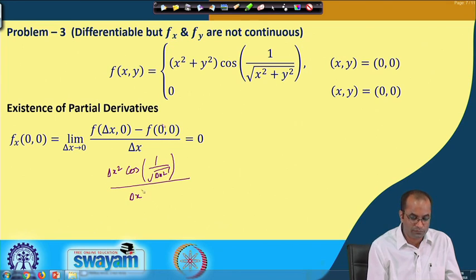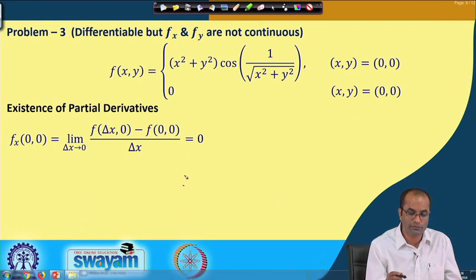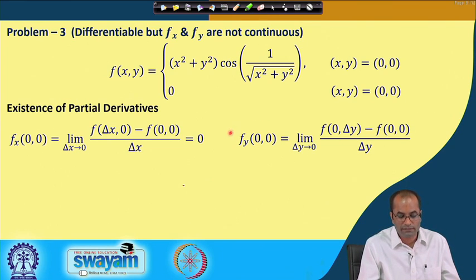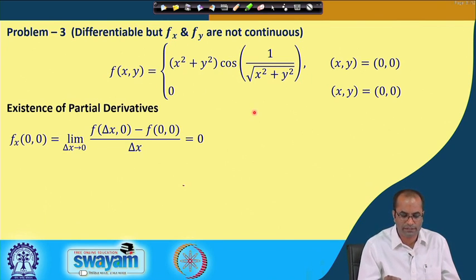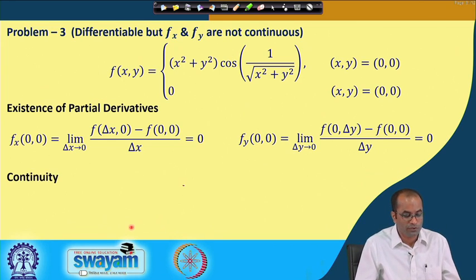So, this will get cancelled. So, here something bounded, and then Δx goes to 0. So, this limit will be 0, and similarly we can show that f_y at (0, 0) is also 0, because this function is symmetric anyway. So, we will get this again as 0.